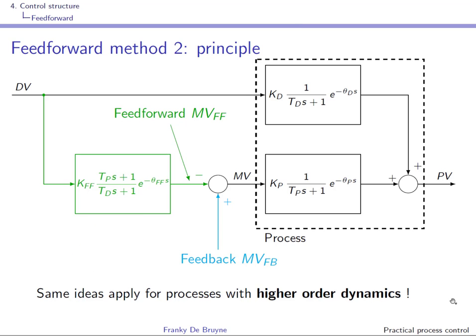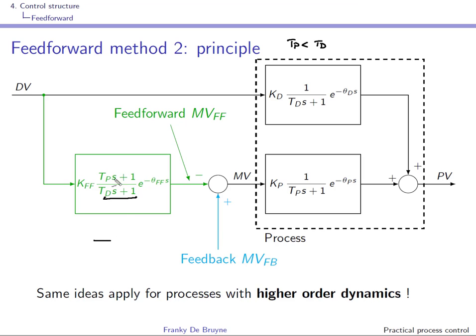Let us take the other situation where the time constant of the process is smaller than the time constant of the disturbance dynamics. So this means that this dynamics is faster than the disturbance dynamics. So you expect kind of the feed forward to say, hold your horses, do not go too fast. And indeed, if you look at the lead lag behavior, you will see that this is indeed the case, right?